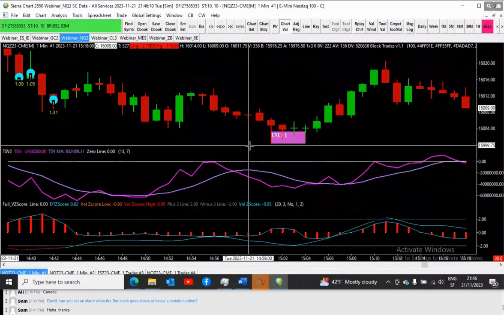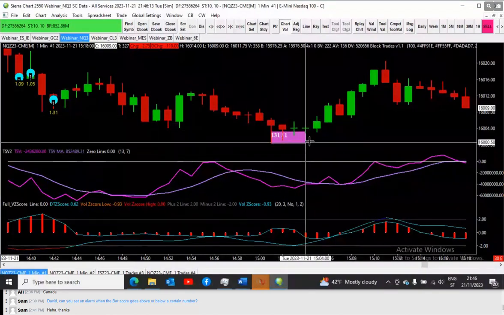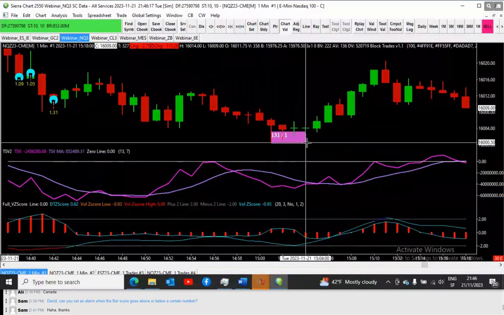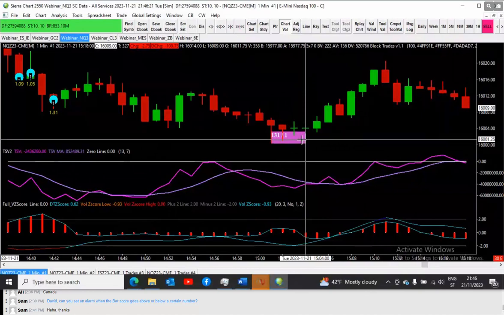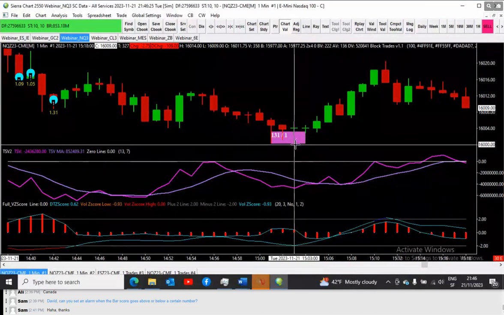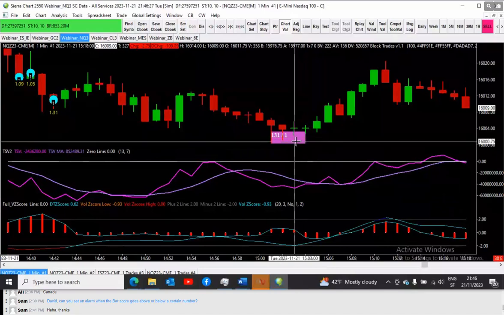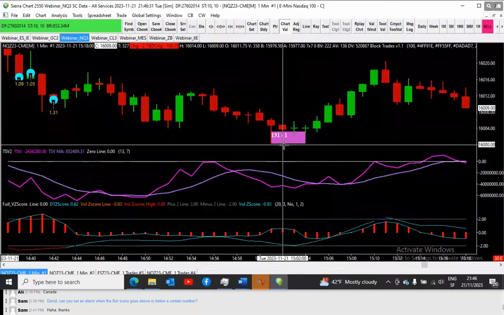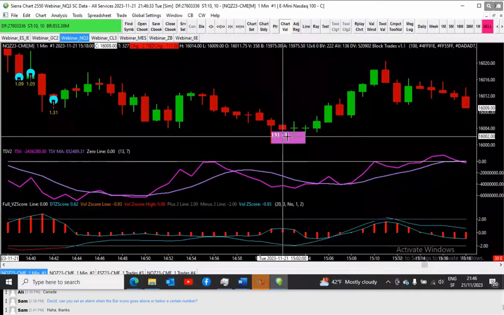Now, this here is another often indicator called the block trade. And it identifies where obviously some large trader has put on a very large trade in one go. So this is 131 lots sell side.